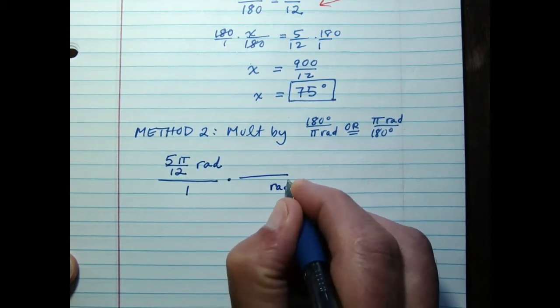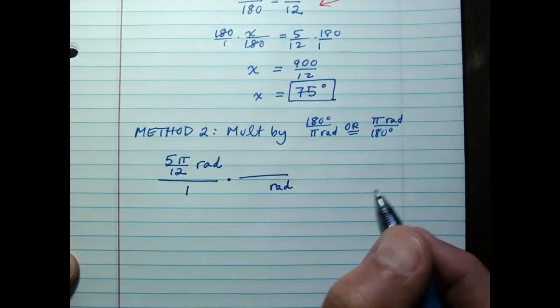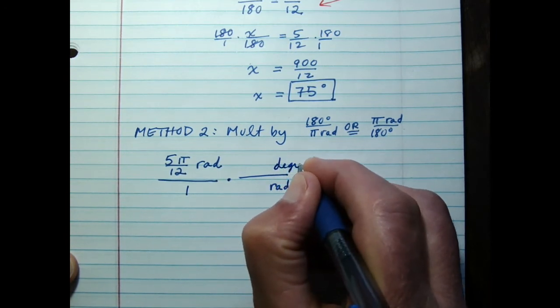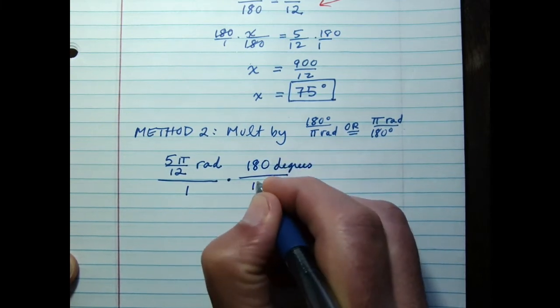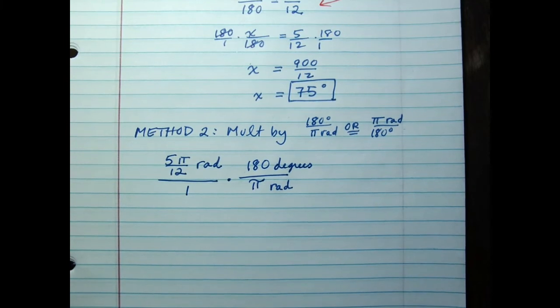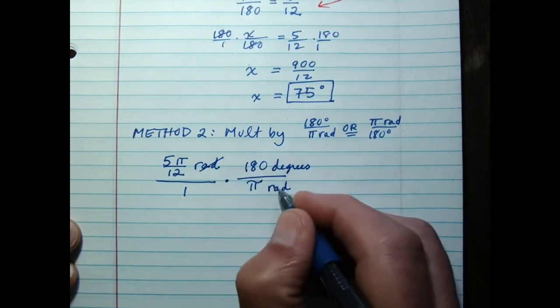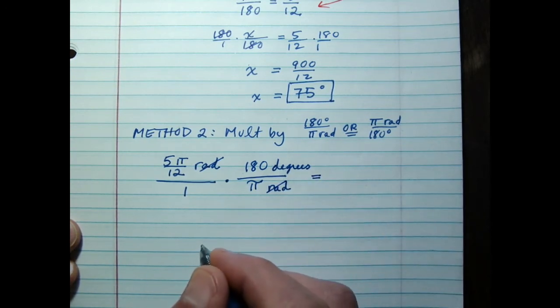So that's the key here. I want radians below, so the radians cancel out. And so I want degrees up above. I'm going to write out the word degrees so that stands out. So the 180 goes on top, the pi goes on the bottom. So you've got to see why I'm choosing the 180 over pi. And we choose it because in this form the radians cancel out and I'm left with an answer in degrees.